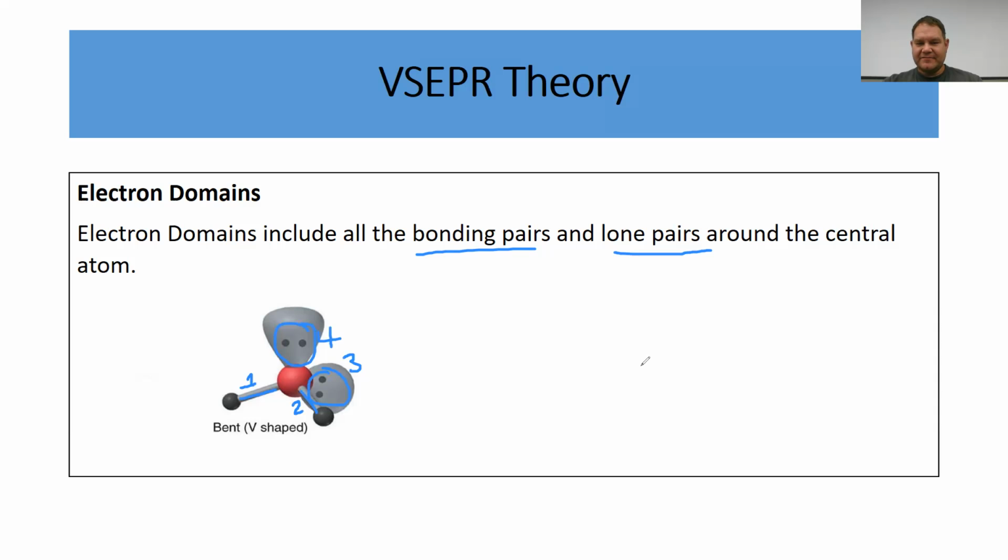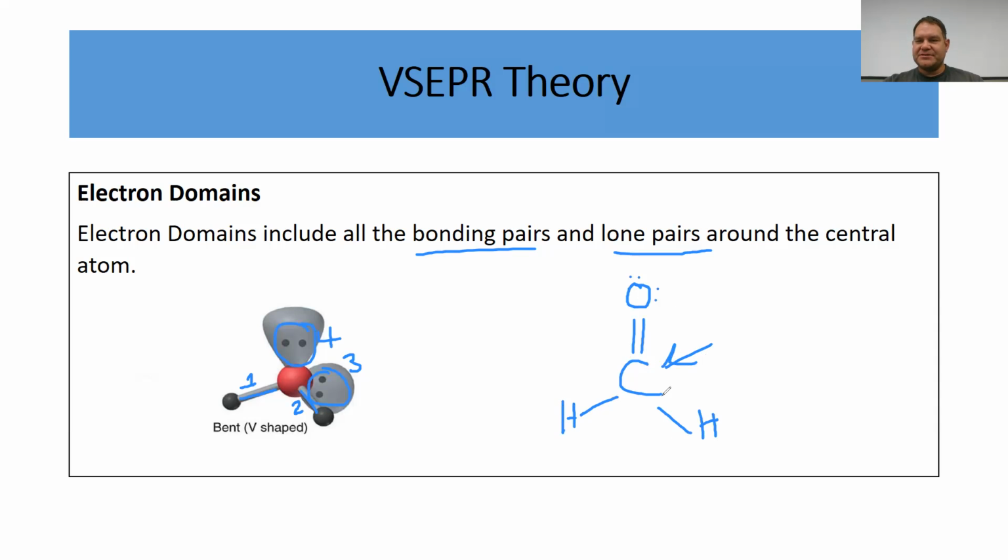Now, I want to make it clear on something else. Let's say we have a molecule that has a double bond to this oxygen here, and it's also making single covalent bonds with hydrogens. This oxygen would have some lone pairs like so. But the central atom is right here, this carbon.